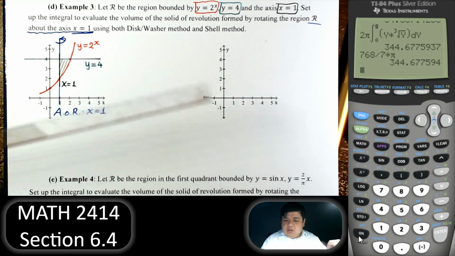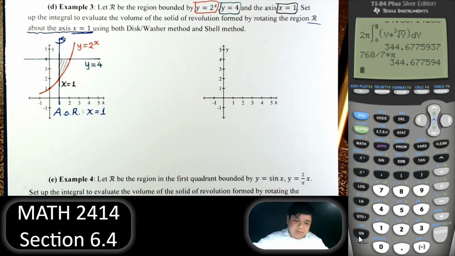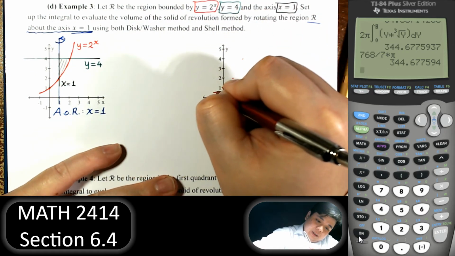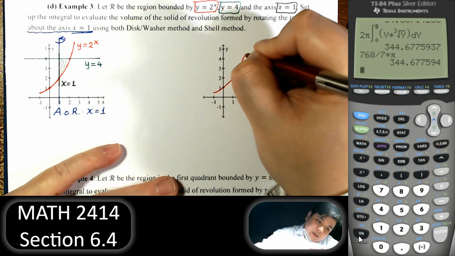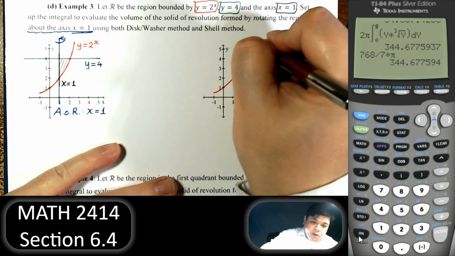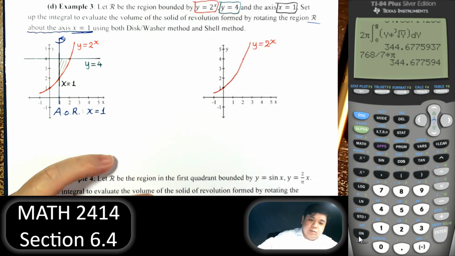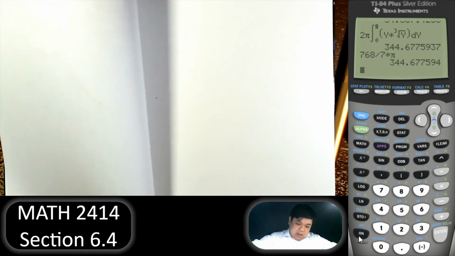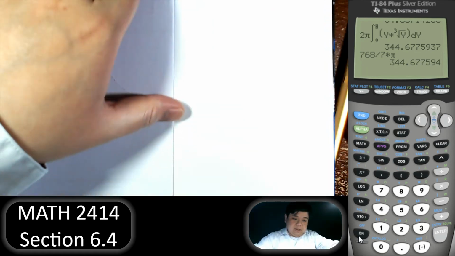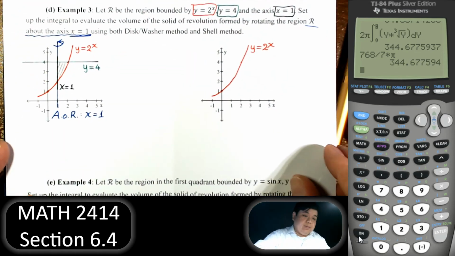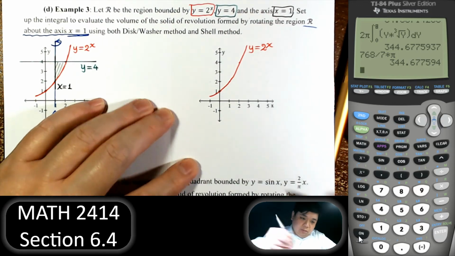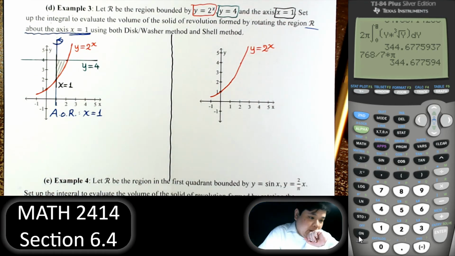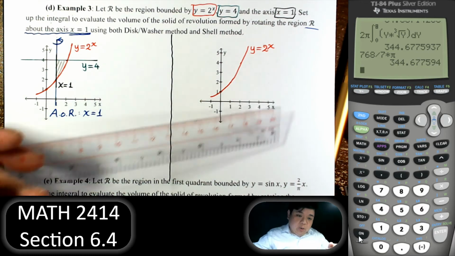Right. Now let's just draw the other two. Again, we're going to use both, so I'm just going to divide the page in 2. Right, x equal to 1 and y equal to 4.